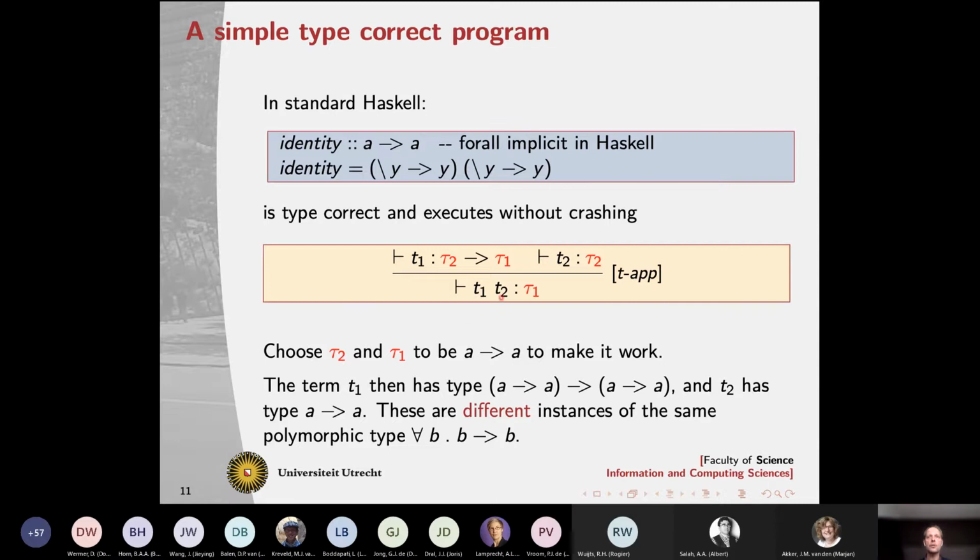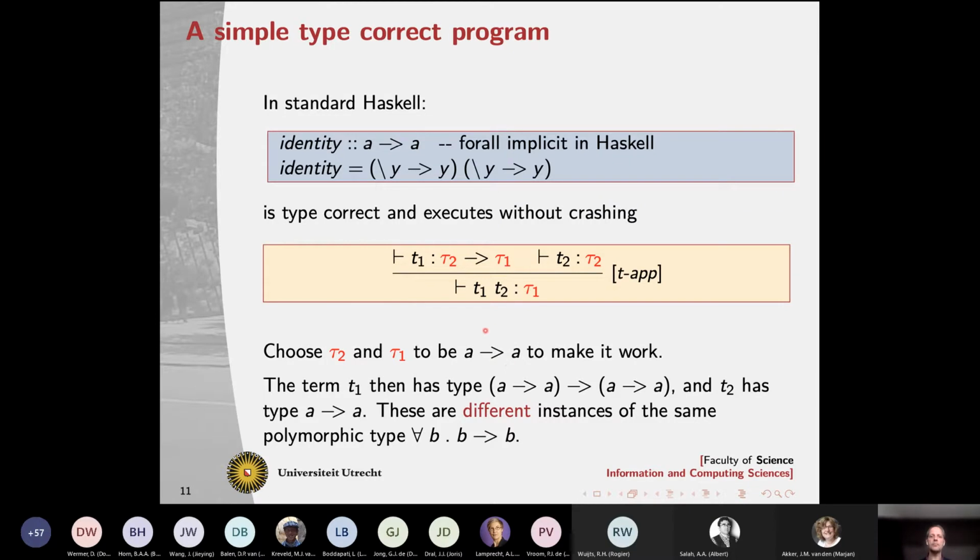This is the application rule, exactly like we had the if then else conditional rule earlier on. This is an application rule that says if I have an application in my program, then I first verify that the first part is a function and the second part is an argument that fits the function. And then the result of the entire application is the result of this function. In this case, when I choose tau1 and tau2 to be A to A, it will all fit magically together.